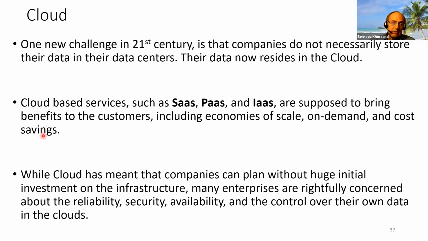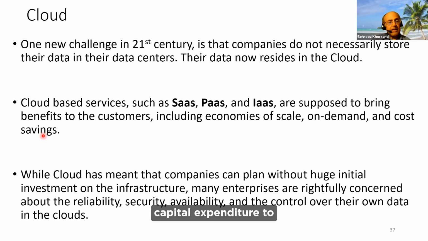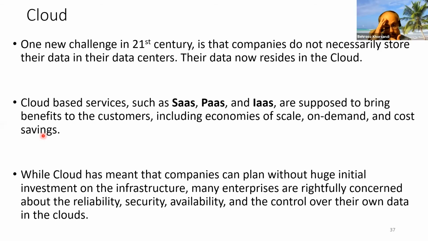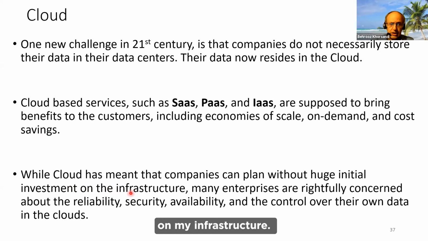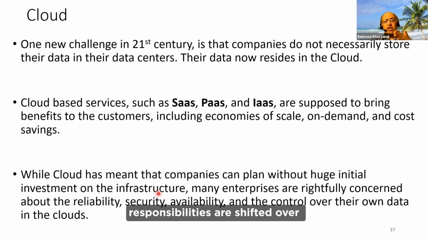Cost savings, switching from capital expenditure to operational expenditures. Why has cloud been so popular? Because no longer do I have to have a huge investment in my infrastructure. A lot of those responsibilities are shifted over to the cloud provider.